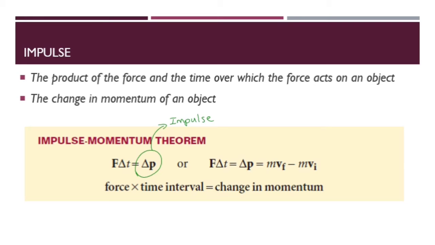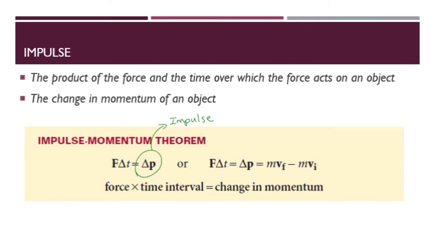Since force times change in time is equal to change in momentum, and change, as we've dealt with change in temperature or any other change in physics, is final minus initial, force times change in time can be equal to mv final minus mv initial.